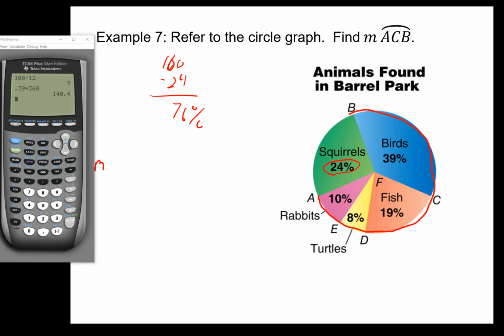So the measure of arc ACB is equal to 0.76 times 360. Well, jump to the calculator, 0.76 times 360.